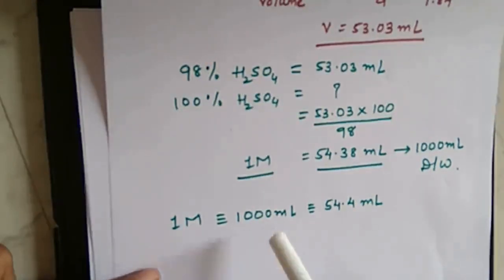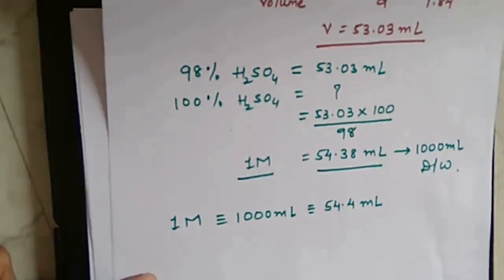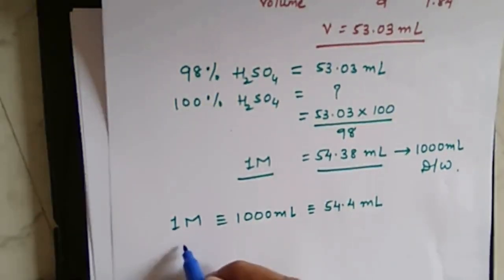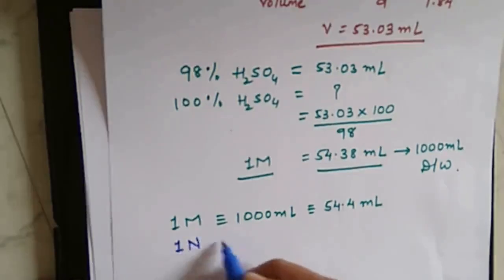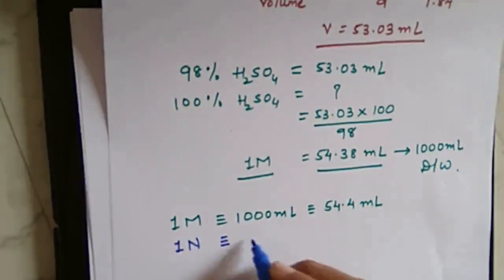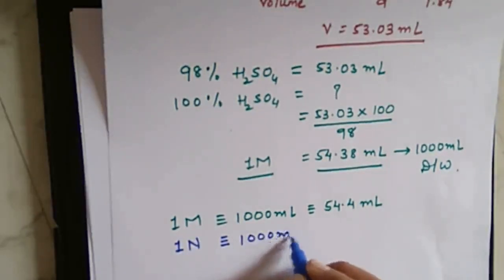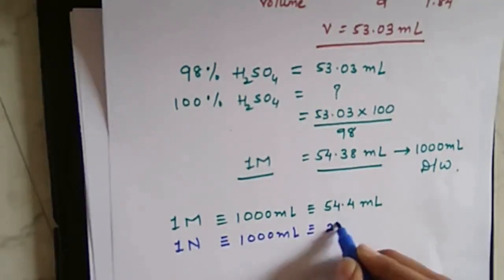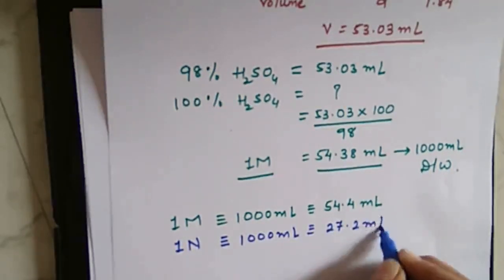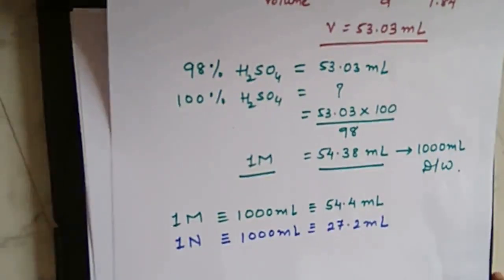Okay, now similarly if we want to calculate the normality, it will be a little bit different because H2SO4 is a dibasic acid. So normality, if we want to calculate, the factor we can write is equal to 27.2 ml because it is a dibasic acid.